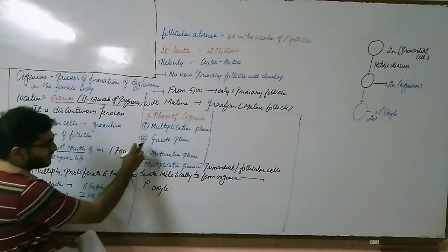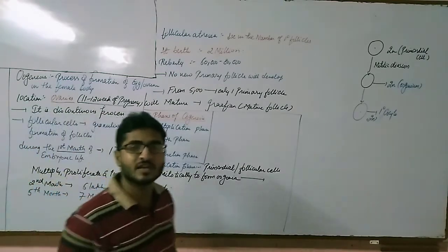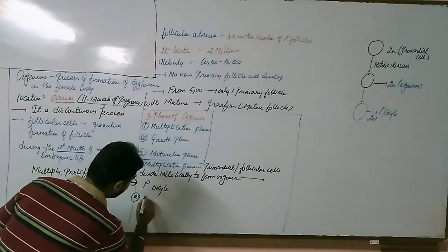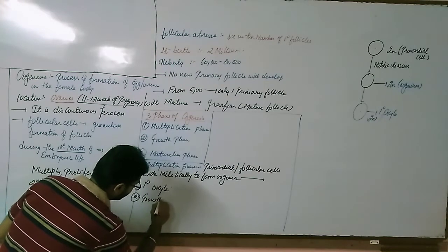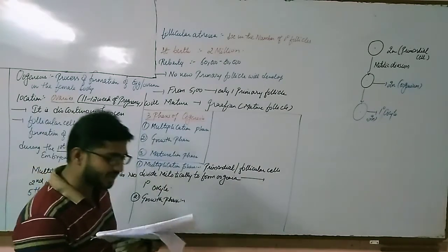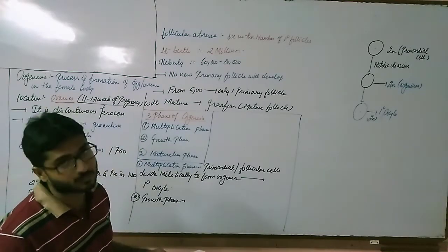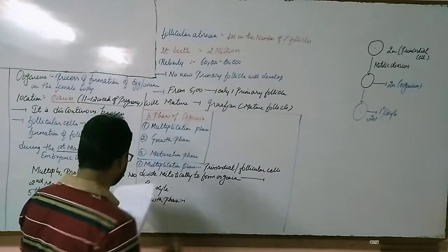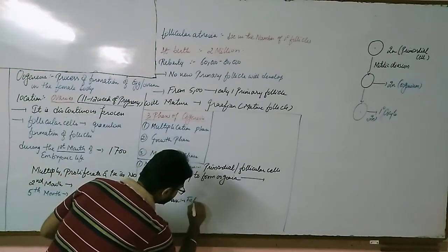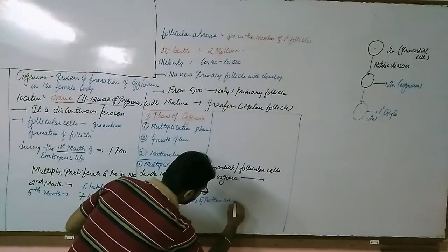Now the next phase is the growth phase, and we all know what happens in the growth phase is just the accumulation of nourishment, that's it. What are the peculiar characteristics of the growth phase? Basically, the yolk content develops, that is the fat accumulation takes place. So fats and proteins are in yolk.